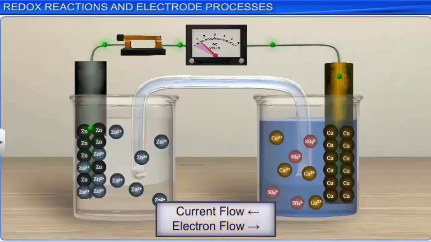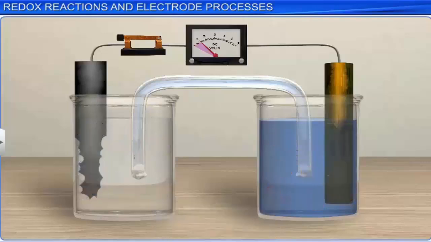In this experiment, the two redox couples are zinc and zinc 2+ ions, and copper 2+ ions and copper. The apparatus set up for this experiment is known as the galvanic cell.